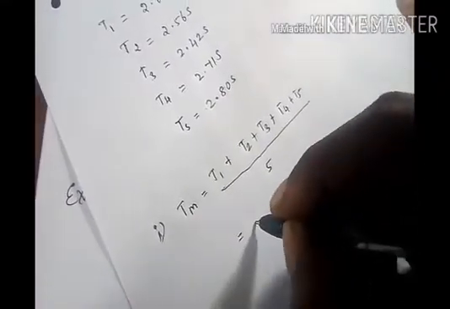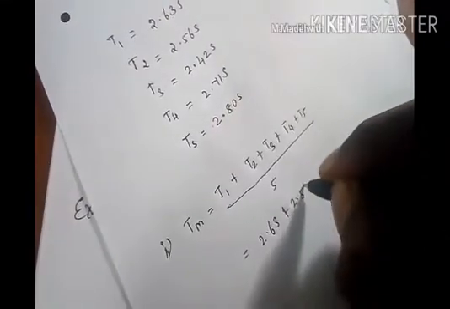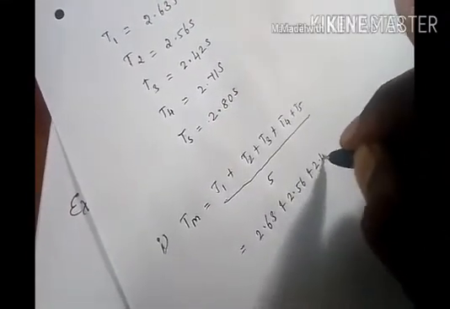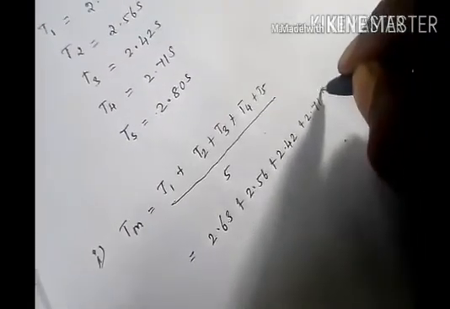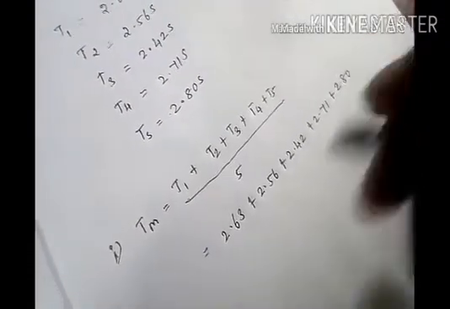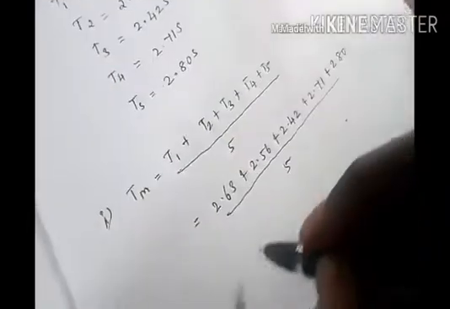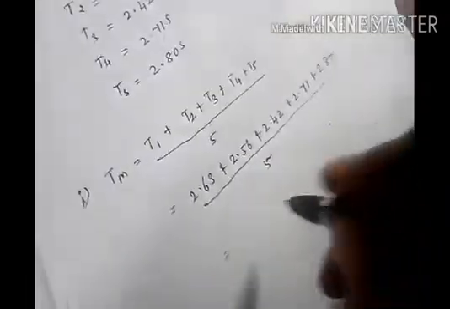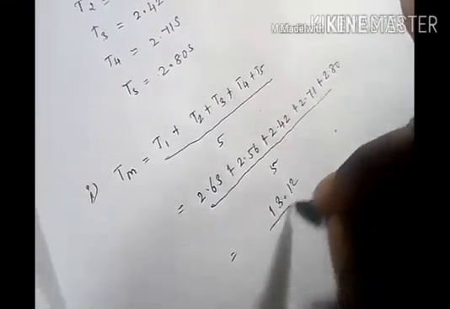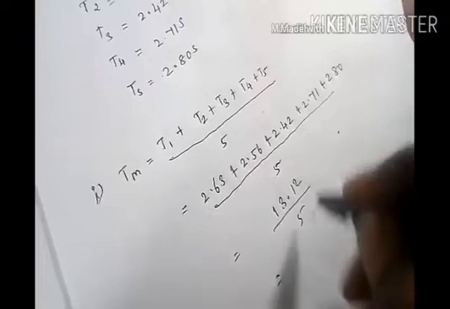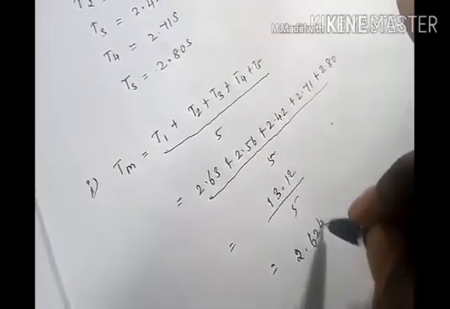So 2.63 plus 2.56 plus 2.42 plus 2.71 plus 2.80 divided by 5. If you add all these values, we get 13.12 divided by 5. After the simplification, the result is 2.624 second.